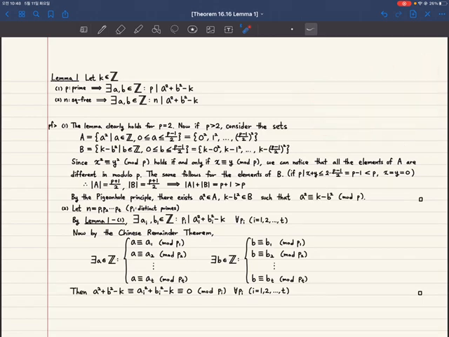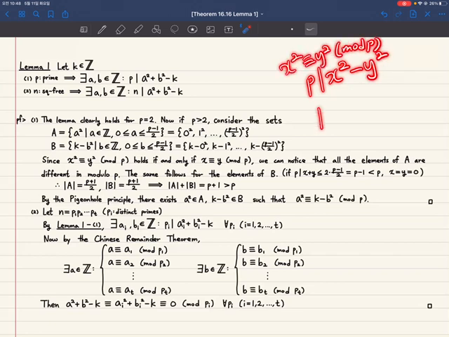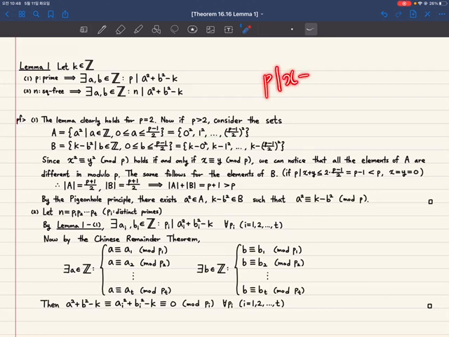Well, this is true because p divides x squared minus y squared. We can rewrite x squared congruent to y squared as this, and this implies p divides x plus y, or p divides x minus y. But if p divides x plus y, then x is less than or equal to (p minus 1) over 2, and y is also the same.